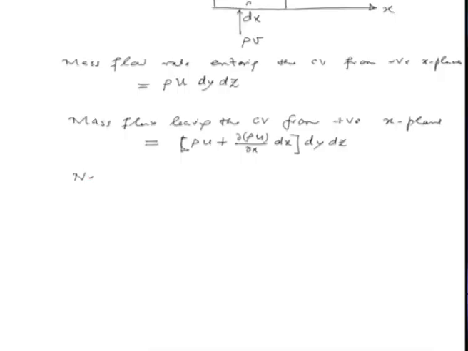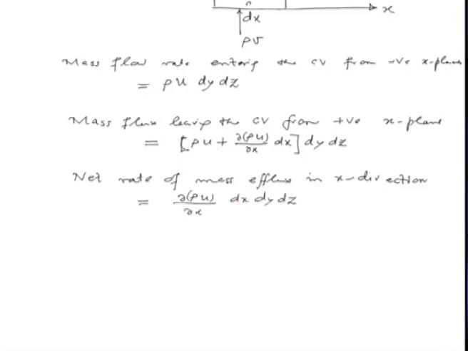So can we obtain the net rate of efflux, that is net outflow, net rate of mass efflux in x direction? We will just simply subtract the inflow from outflow, and if you do that we get a very simple expression, del of rho u over del x dx dy dz.